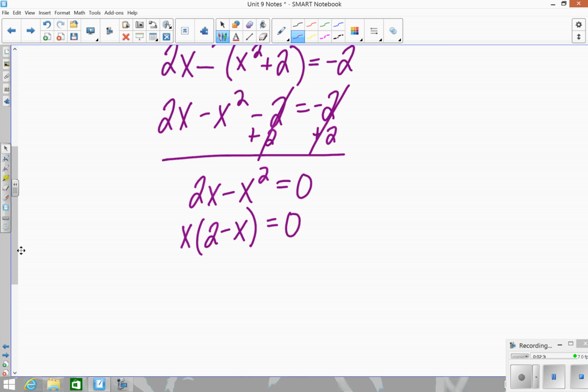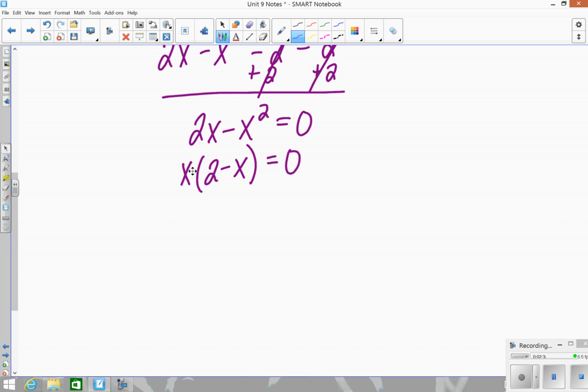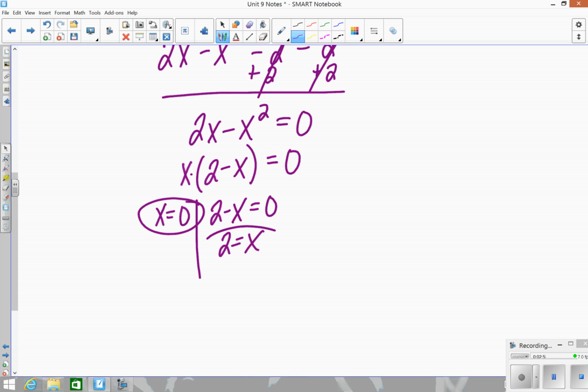Now that I have multiplication between these two terms, I know that x has to equal 0 or 2 minus x has to equal 0 in order for the product to equal 0, so I just split them. Then I just have to solve this, so add the x over, and we get 2 equals x. So these are my two x values where my two equations would cross on a graph, or the two x values that they have in common.